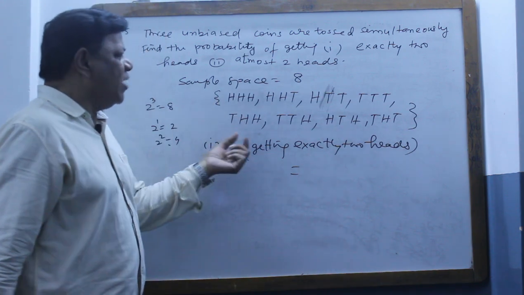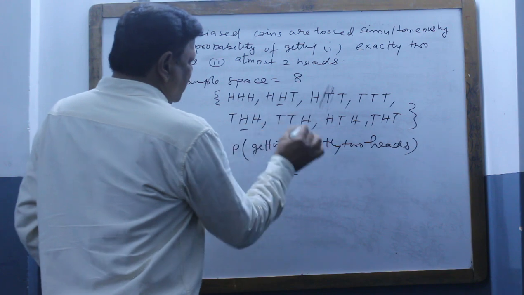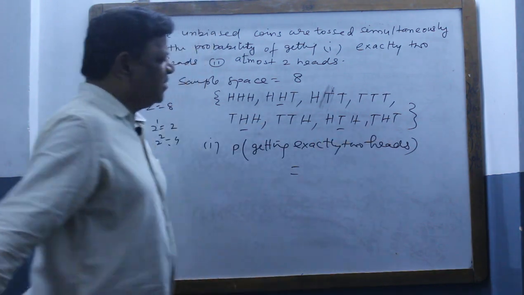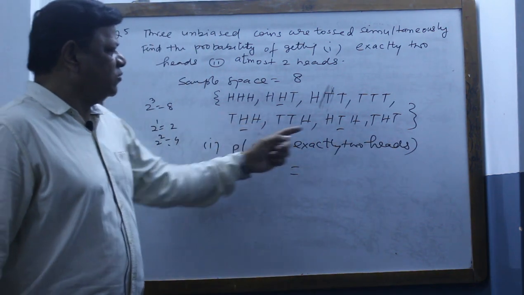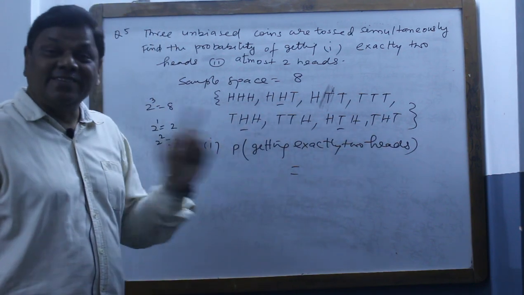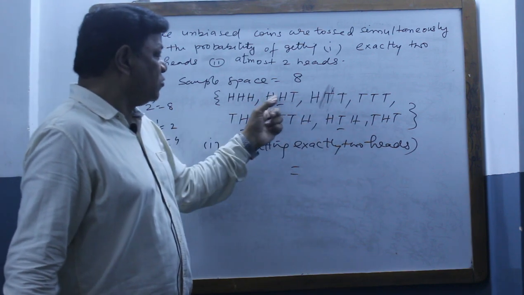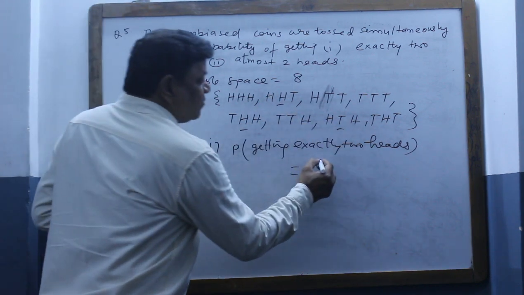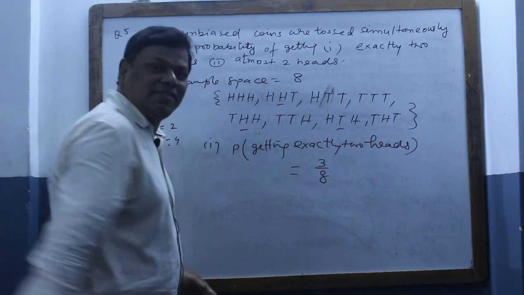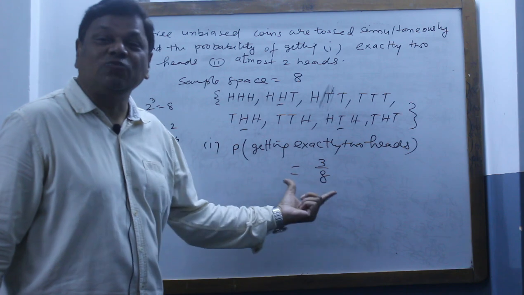So exactly 2 heads is this one. This is your answer. See, here 2 heads are there, 1, 2, and here 1, 2. Others are not there. Exactly 2, so there are 3 cases: 1, 2, and 3. So what is my answer? 3 by 8. Clear? 3 by 8, exactly 2 heads.